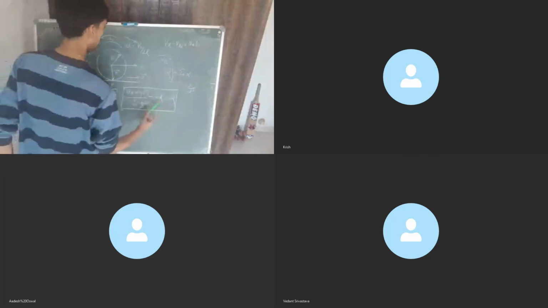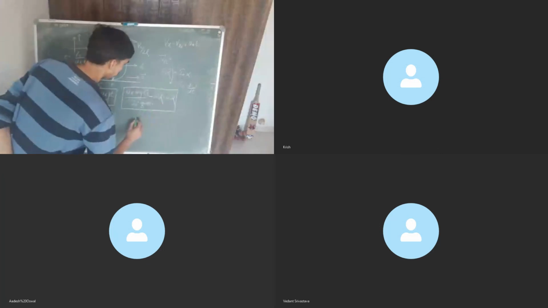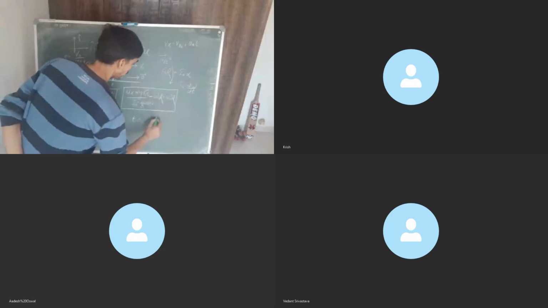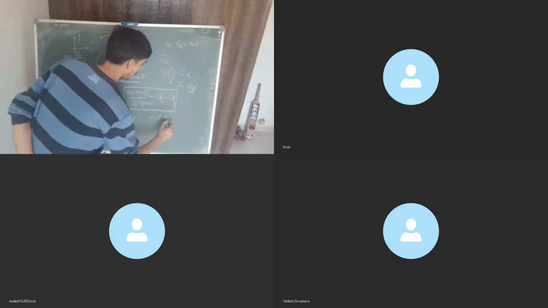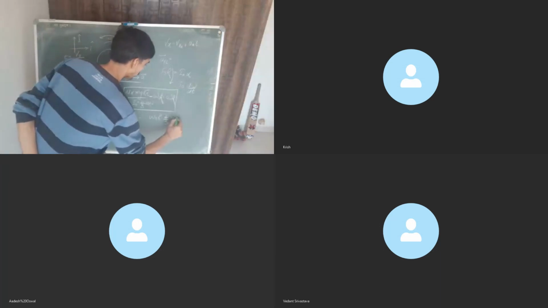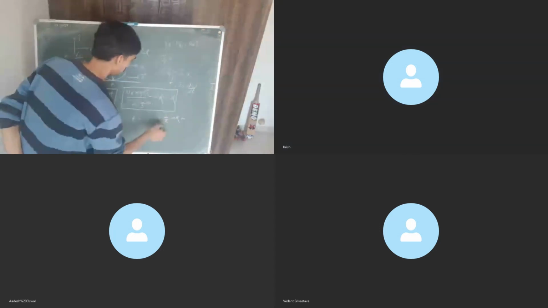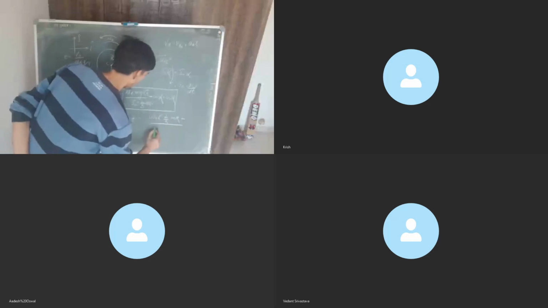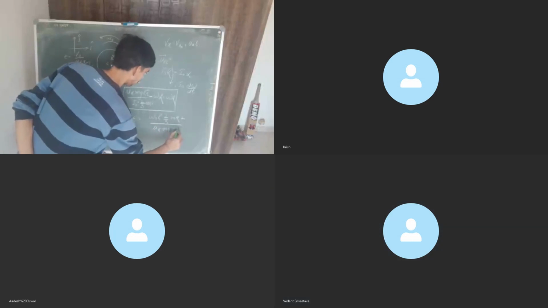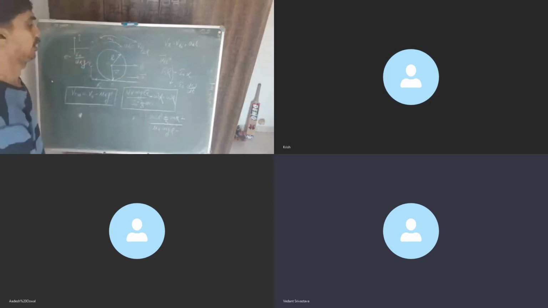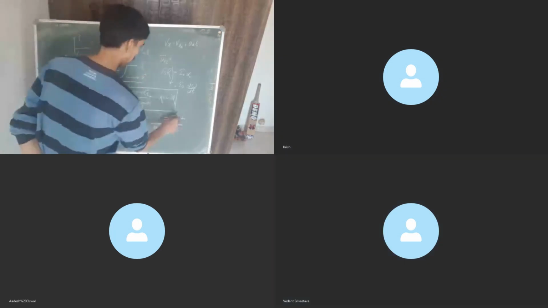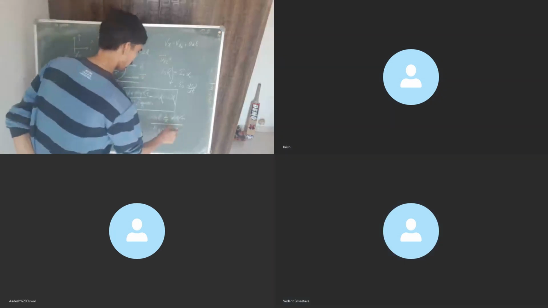And the second one, this being 0 means T is equal to omega naught R divided by 2 by 5 mr squared. It goes up, correct? Omega naught R this side, and over here divided by mu K mg R square, right? So m gone, R square gone.